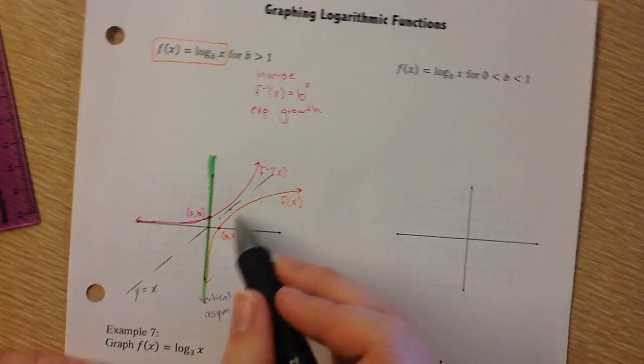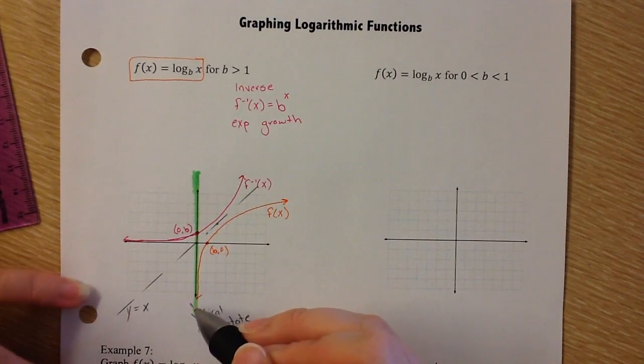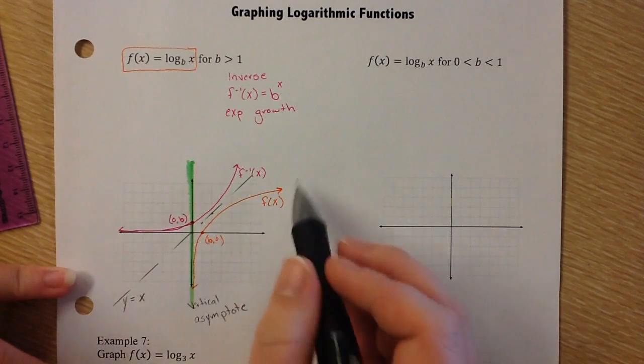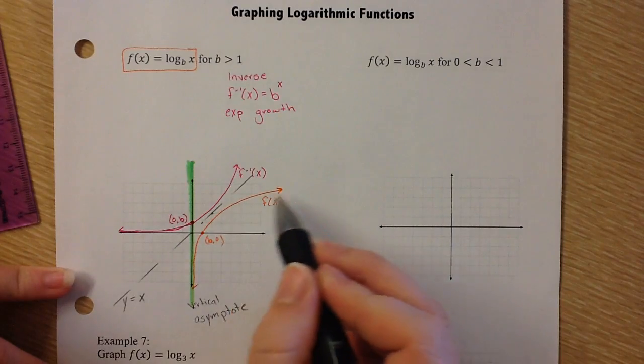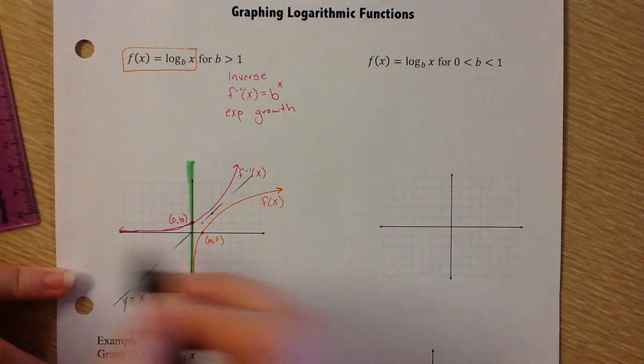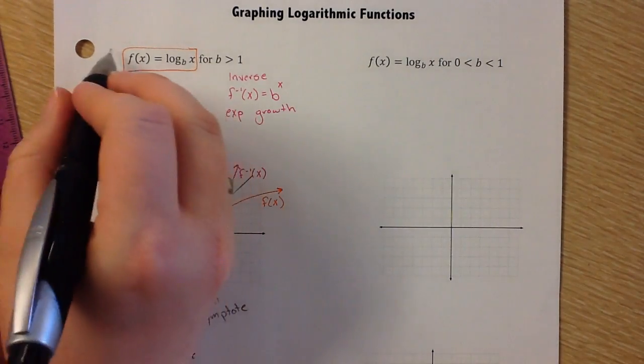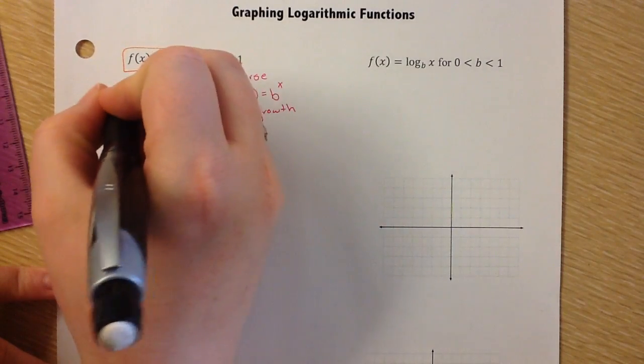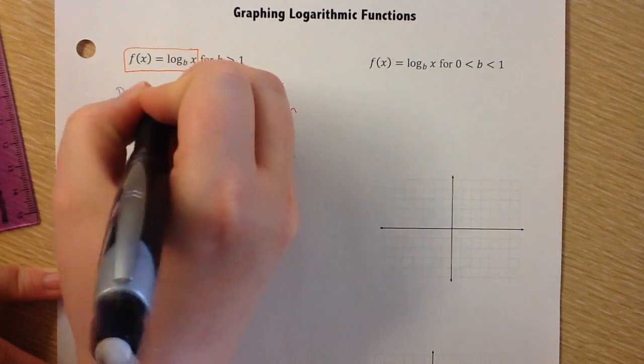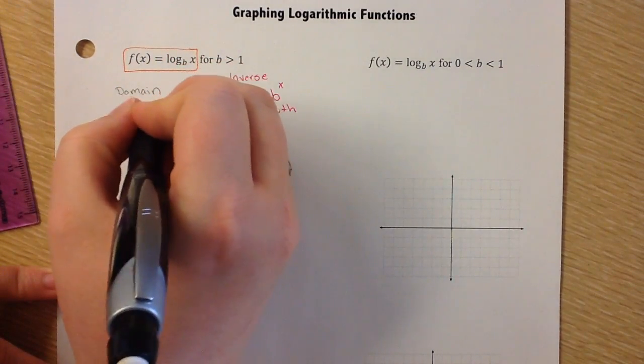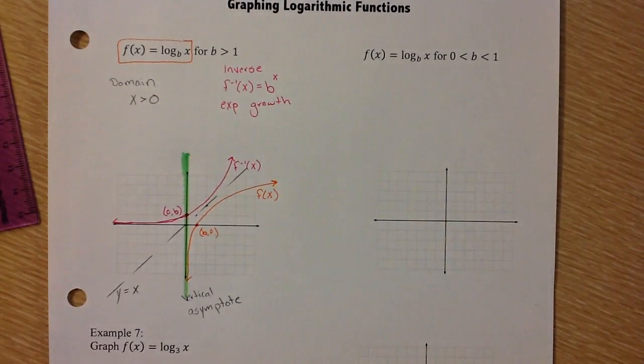Then for the domain and range of this orange function, we can't ever put a negative into this. For my log function, my domain is only positive numbers. x has to be greater than 0, and I can't even put a 0 into this function.